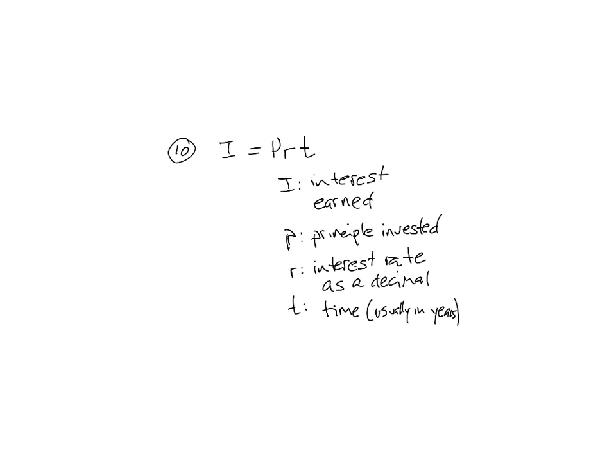So in this case, the interest earned is going to be $500. The principal invested, we don't know. The interest rate as a decimal is going to be 4% or 0.04, and the time in years is going to be 5 years. So let's set this up.